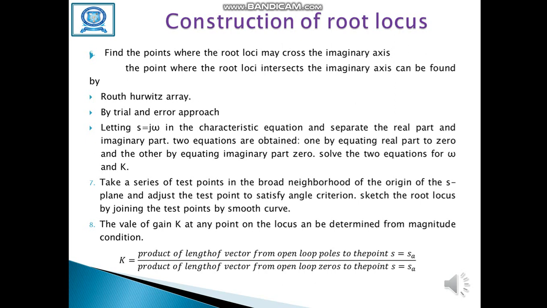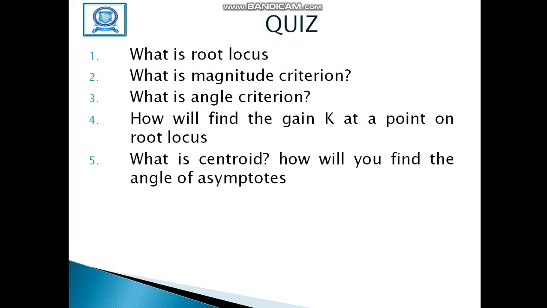The value of gain K at any point on the locus can be determined from the magnitude condition, that is K equals the product of lengths of vectors from open loop poles to the point s = sa, divided by the product of lengths of vectors from open loop zeros to the point s = sa.